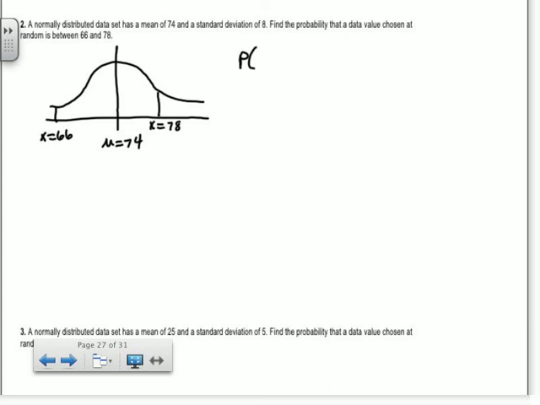So if I was writing out with x's, I'd say find the probability that 66 is less than or equal to x, which is less than or equal to 78. We need to find what that is with z's. I'm trying to find the red shaded area. If I knew nothing else about this problem, I would try to find the z-score, right?